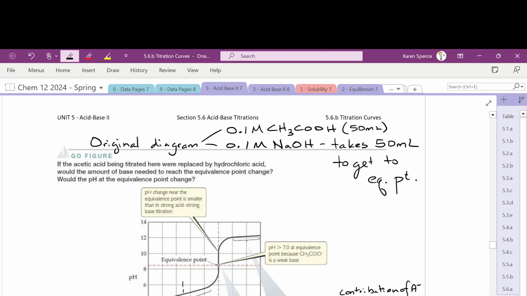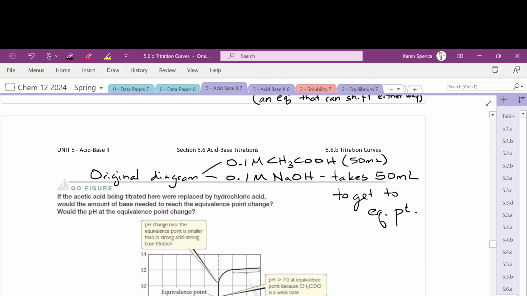Now, what the question is asking is, what if we replaced the acetic acid CH3COOH with 0.1 molar HCl, also 50 milliliters.